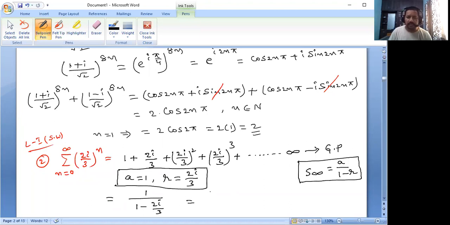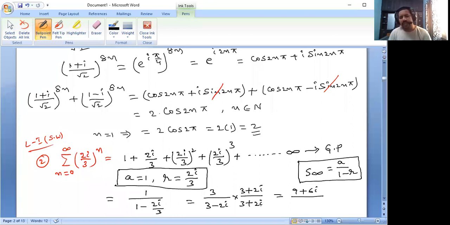Now take the LCM, you will get 3 by 3 minus 2i. By observing the options, calculate this. Do the rationalizing: 3 plus 2i divided by 3 plus 2i. Numerator multiply, you will get 9 plus 6i.